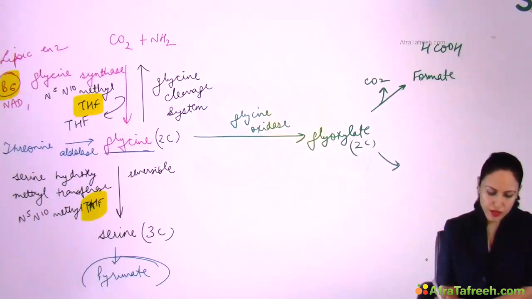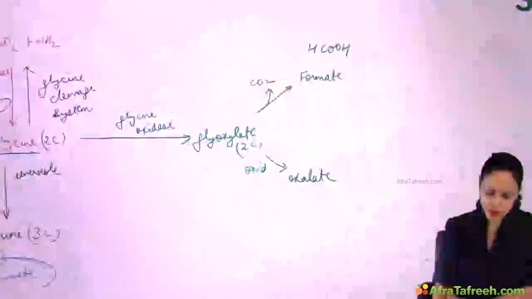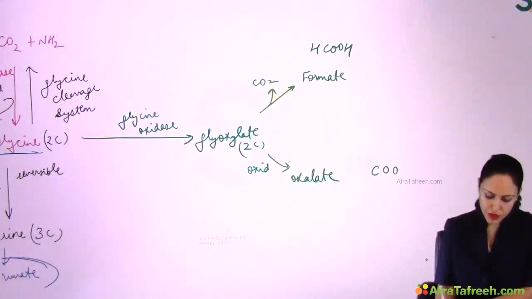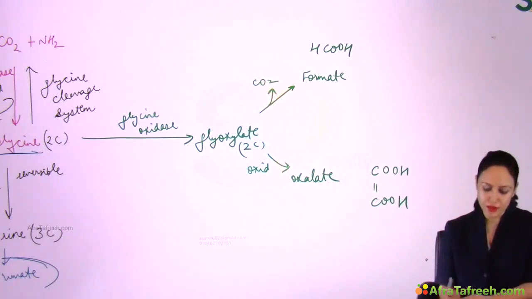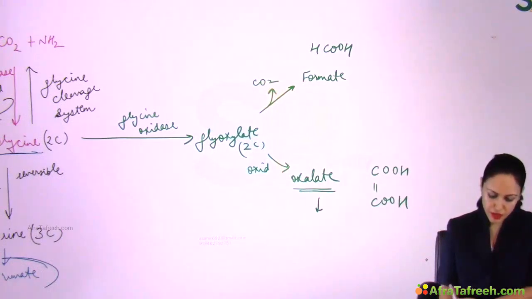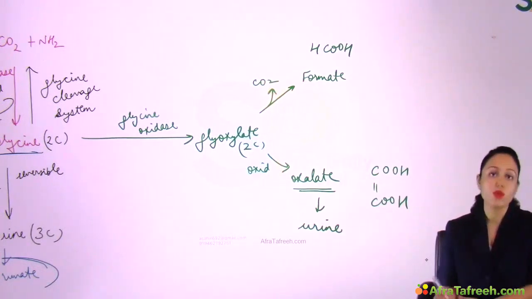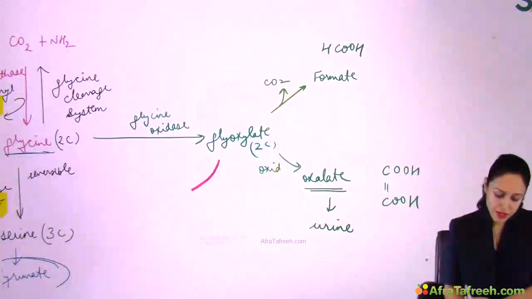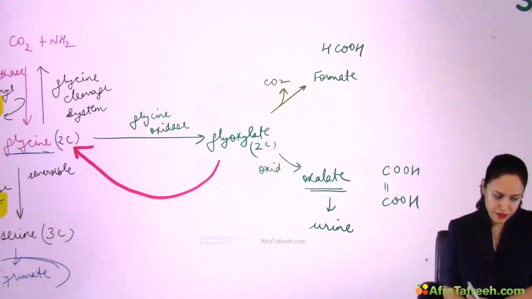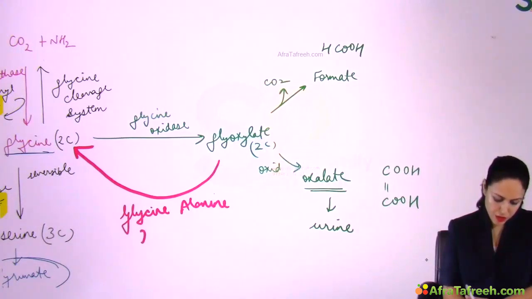On the other hand, glyoxylate on oxidation will be converted to oxalate. Oxalate is having 2 carbons, 2 carboxy groups like this, and oxalate can then be excreted in urine, right? Now glyoxylate can be again converted to glycine, and here the enzyme required is glycine alanine transaminase.